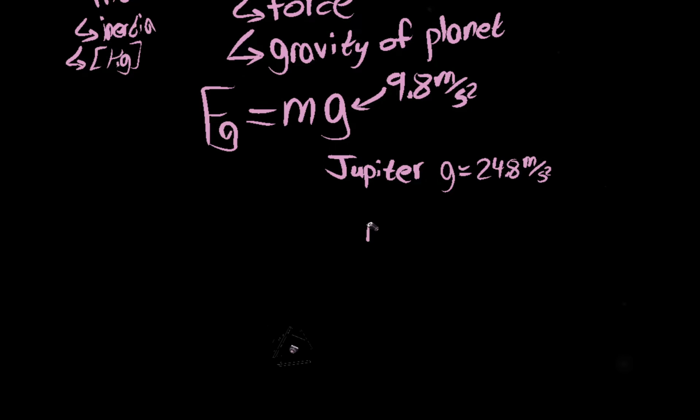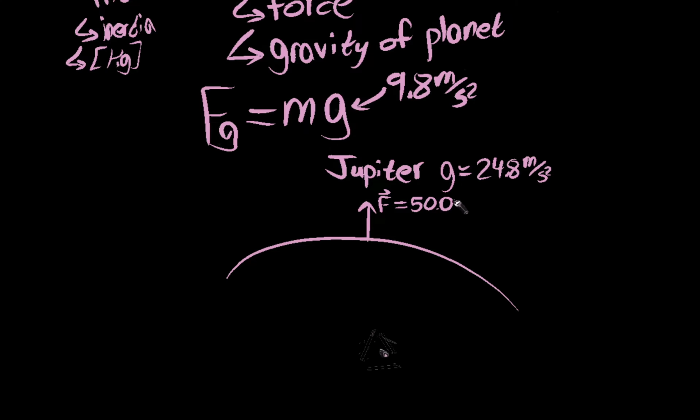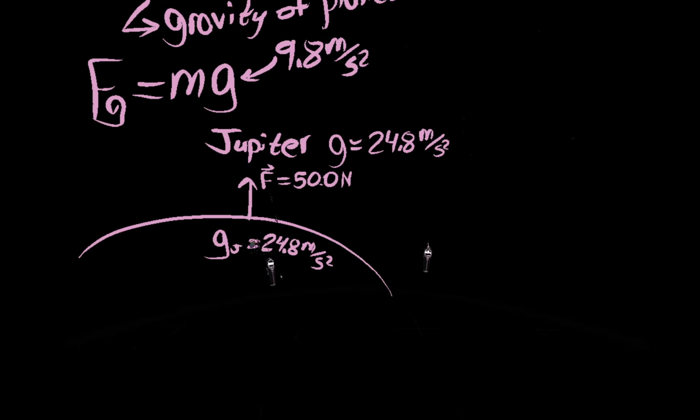So if you apply a force upwards, let's say on Jupiter, equal to 50.0 newtons, and this is Jupiter, so g sub J is equal to 24.8 meters per second squared, find out what your peak height is.